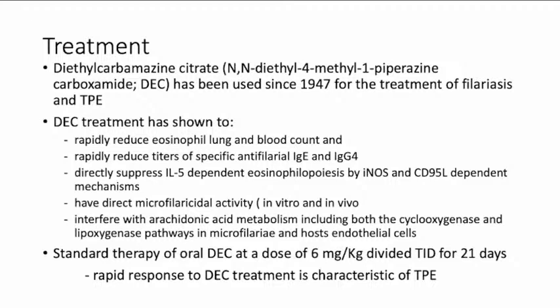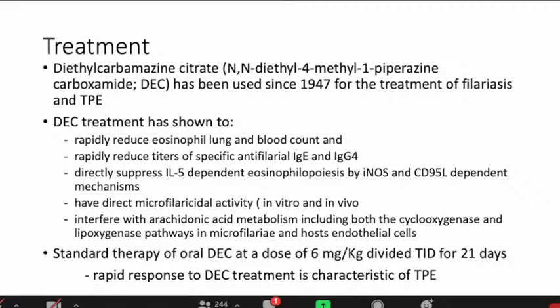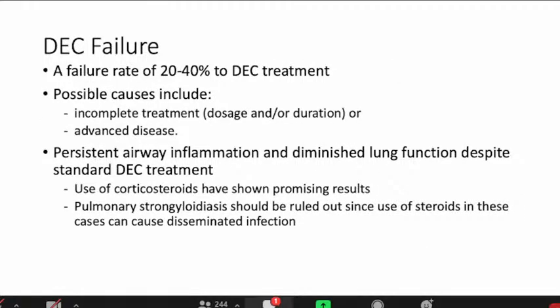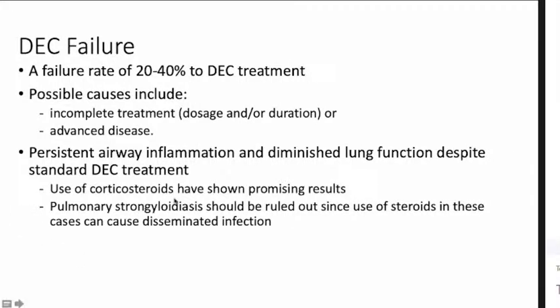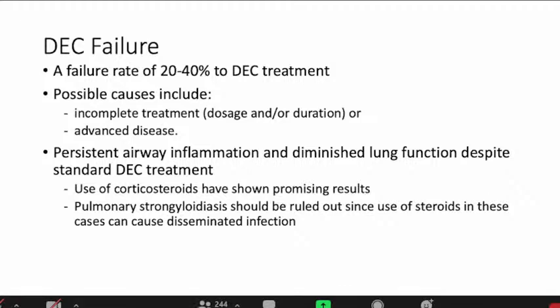The characteristic expectation is that patients respond very rapidly to DEC treatment. The majority of the patients respond fairly well when you use DEC for their treatment. However, we have a high proportion of patients who will fail, about 20 to 40% would fail to respond to DEC.